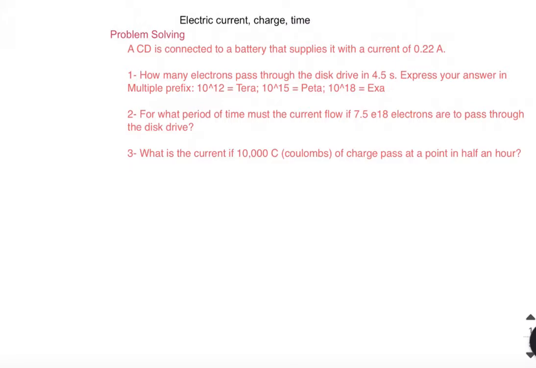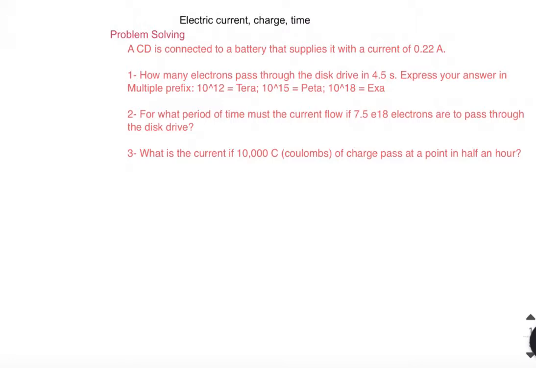The total charge, if we are talking about electric current in general, is about the flow of electrons. And the charge of one electron is 1.60 × 10^-19 coulombs.